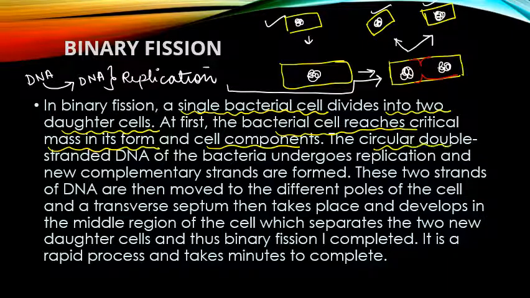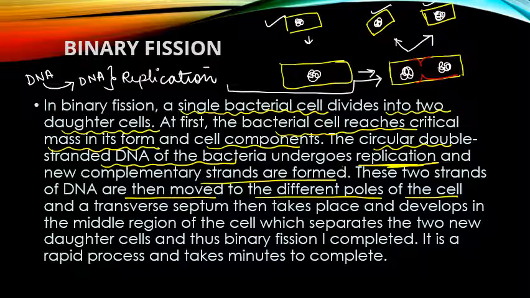The circular double-stranded DNA of the bacteria undergoes replication. So see, replication is synthesis of DNA from DNA, and new complementary strands are formed. These two strands of DNA are then moved to the different poles of the cell, that is, one on this side, another on this side. And a transverse septum. So what is a transverse septum?